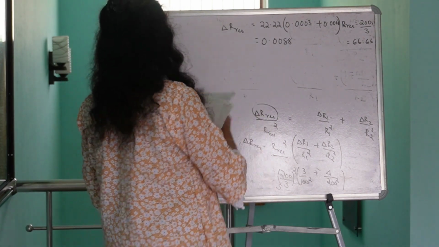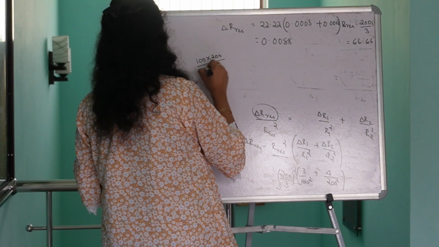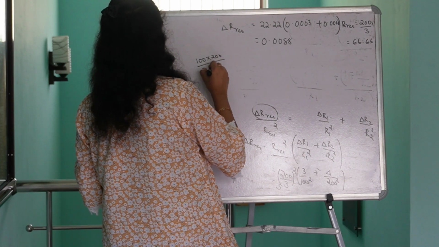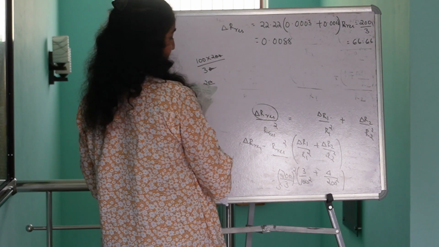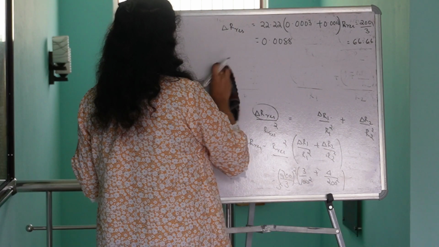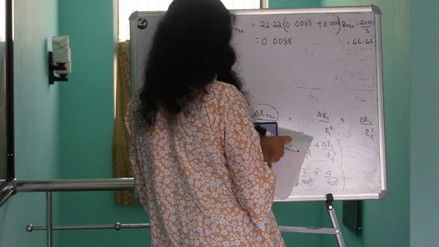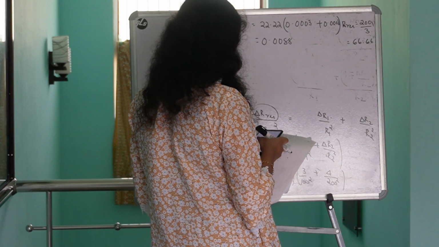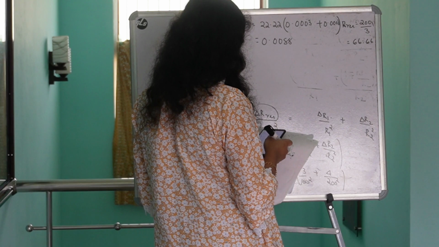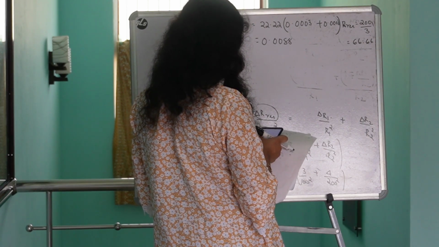So here the resultant will be, let me check once more, 100 into 200 divided by 300. So these two can cancel. 200 divided by 3. Fine. So again 200 divided by 3, 200 divided by 3 the whole square.